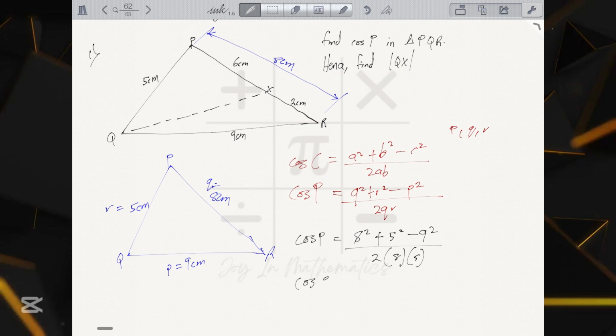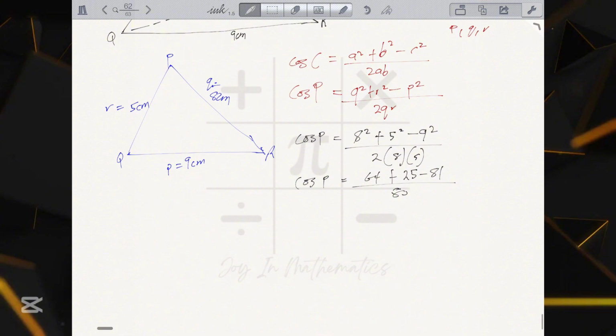Therefore, cos P will be equals to 64 plus 25 minus 81 divided by 80. And moving on, we can now have an expression of cos P. Cos P is equals to 64 plus 25 minus 81, which gives 8, divided by 80, which is equals to 1 over 10.